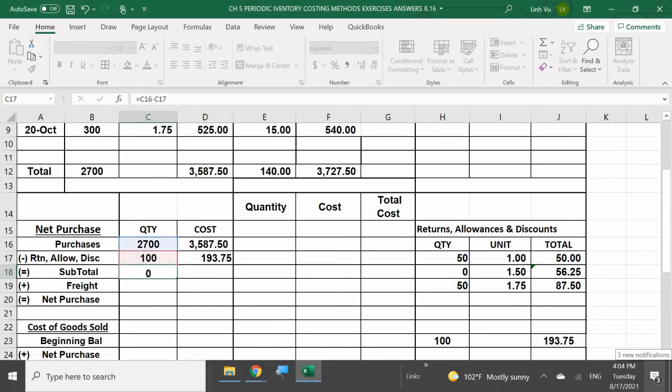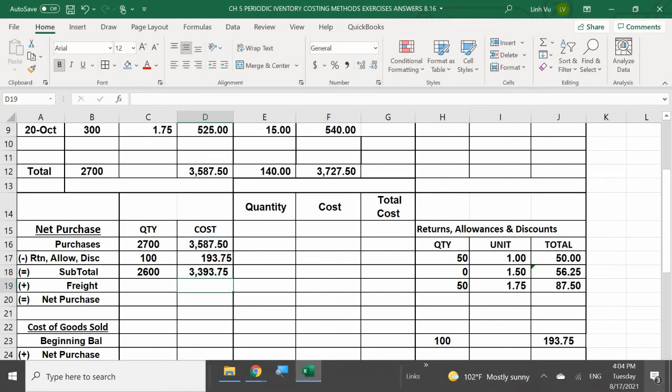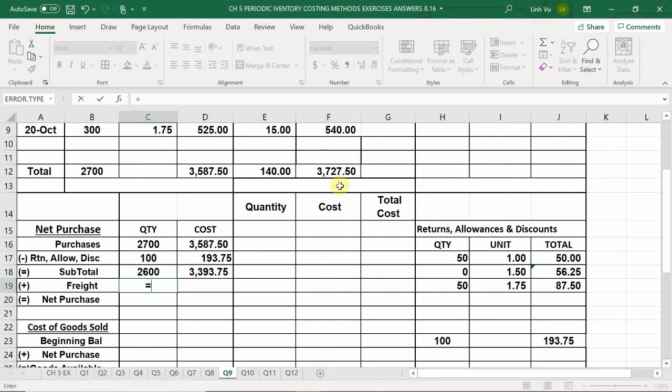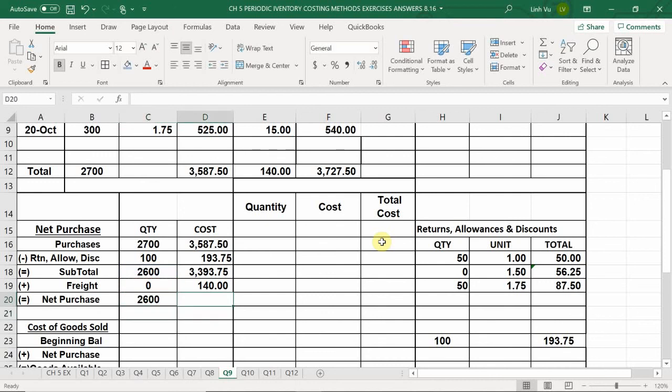So in this case, we should have a total of 2,600 items at a total of $3,393.75. Once again, freight does nothing to quantity, but we're going to add the total of 140 to bring my total net purchases to be $3,533.75.